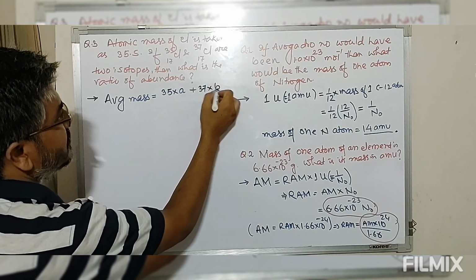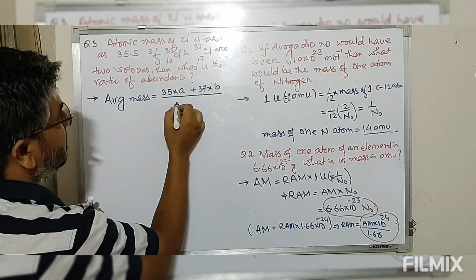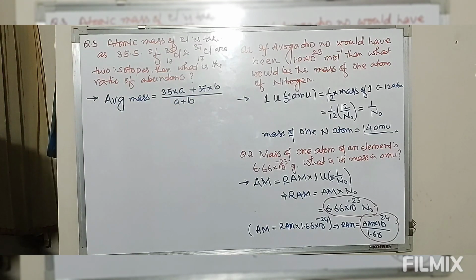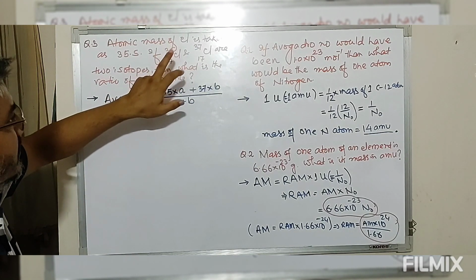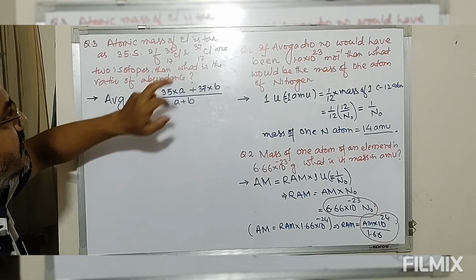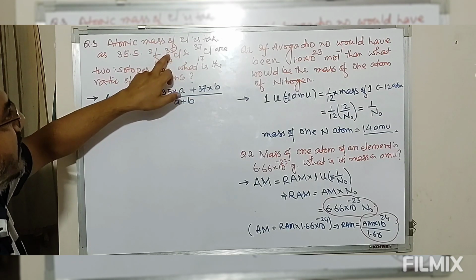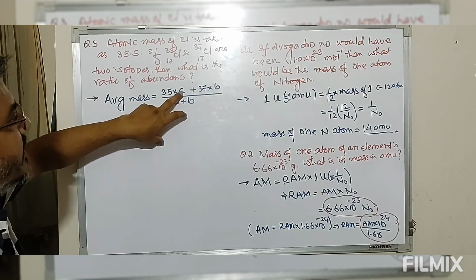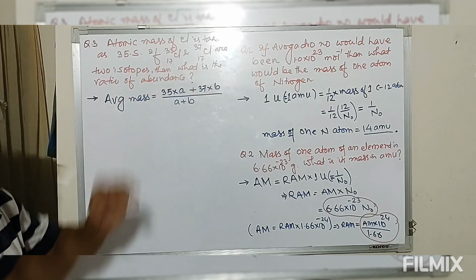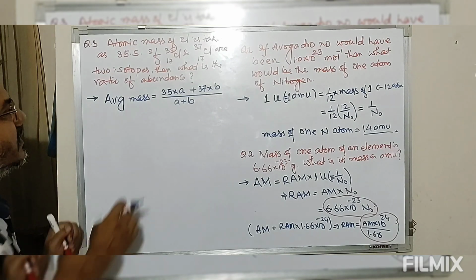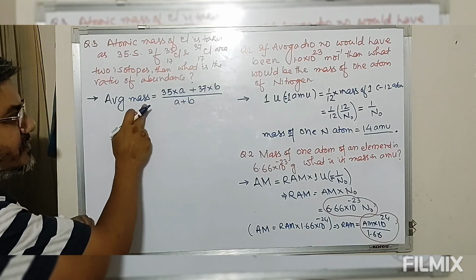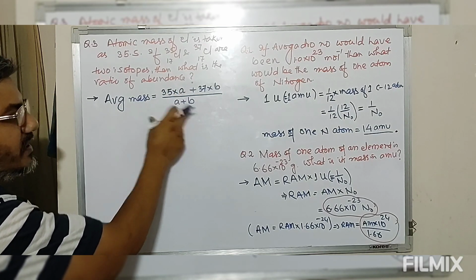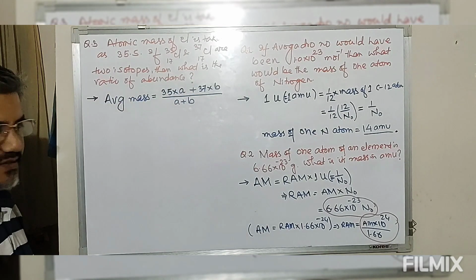Suppose its abundance is B, then this is divided by A plus B. That means if A is to B is the ratio of 35 and 37, then we have to find A by B or B by A. This is how we define average mass: isotopic mass into abundance divided by total abundance.